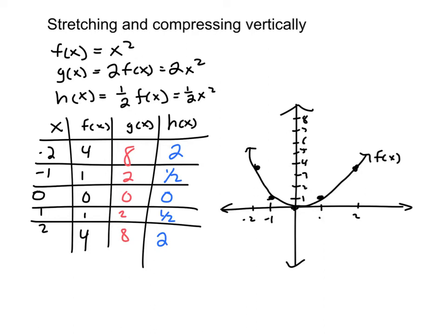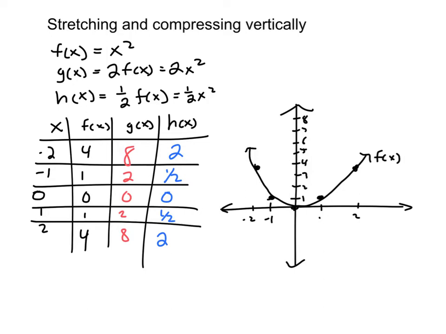Okay, so then I've completed the table, so this is x squared. This is 2 times whatever was f of x, so 8, 2, 0, 2, 8. Then half of f of x, so half of 4, half of 1, half of 0, half of 1, half of 4. Okay, so let's go ahead and get to the graphing.